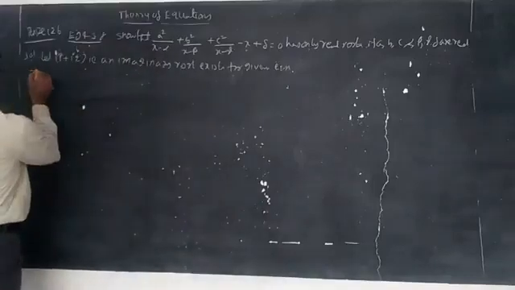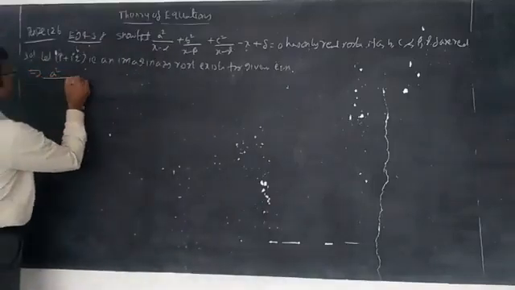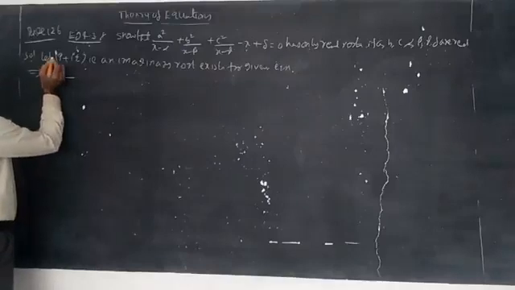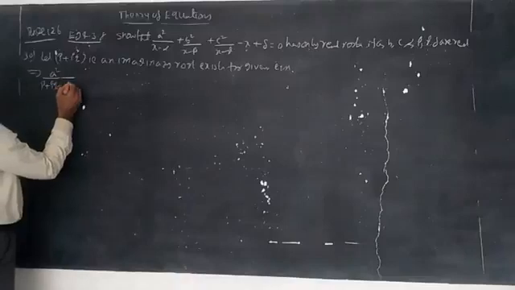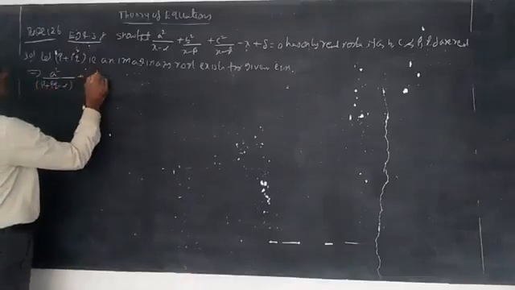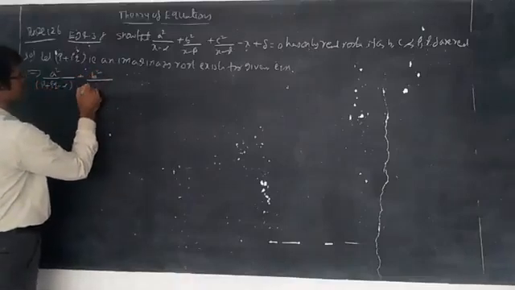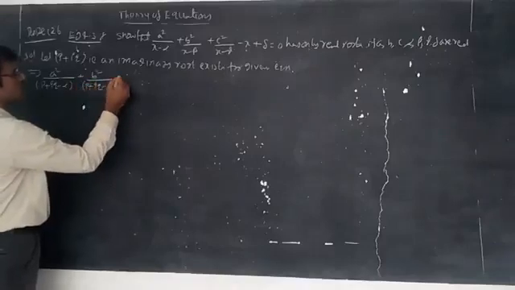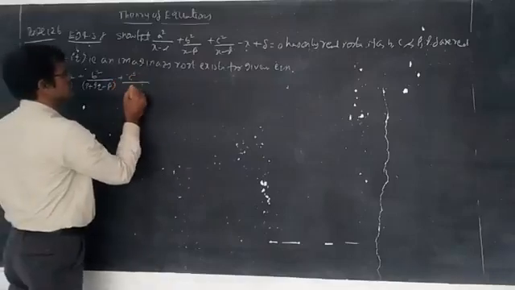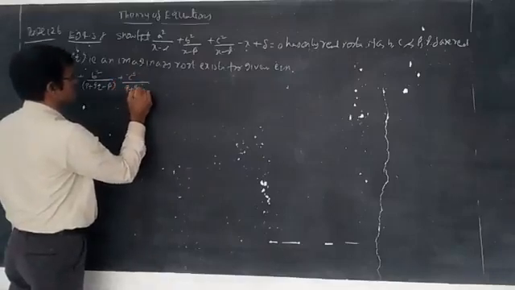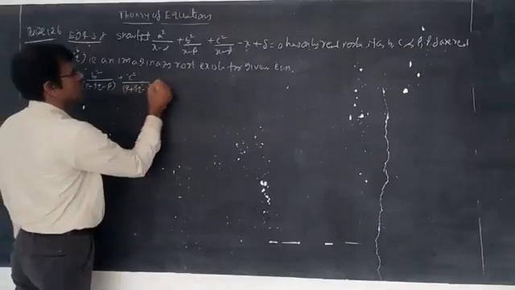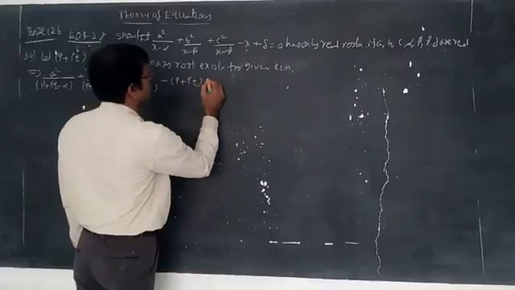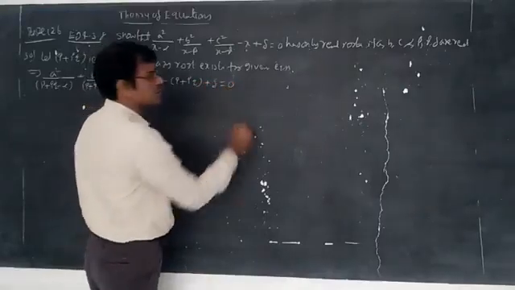That implies a square by, instead of x you write p plus iq, this is p plus iq minus alpha, plus b square by p plus iq minus beta, plus c square by p plus iq minus gamma, minus of p plus iq, plus delta is equal to 0.